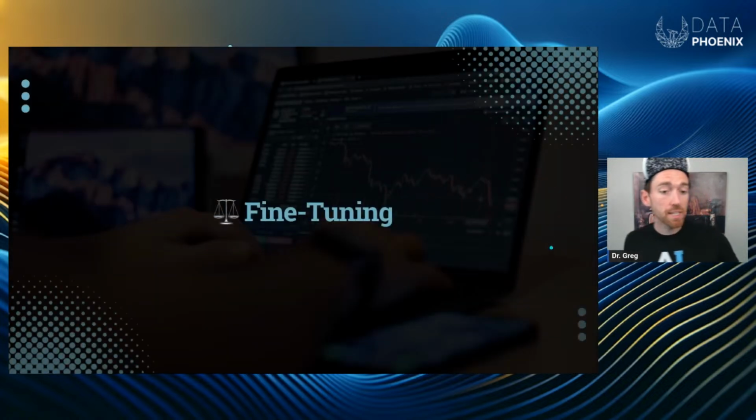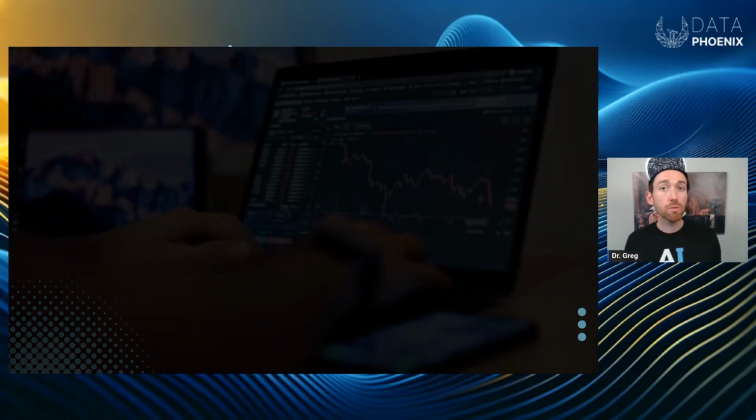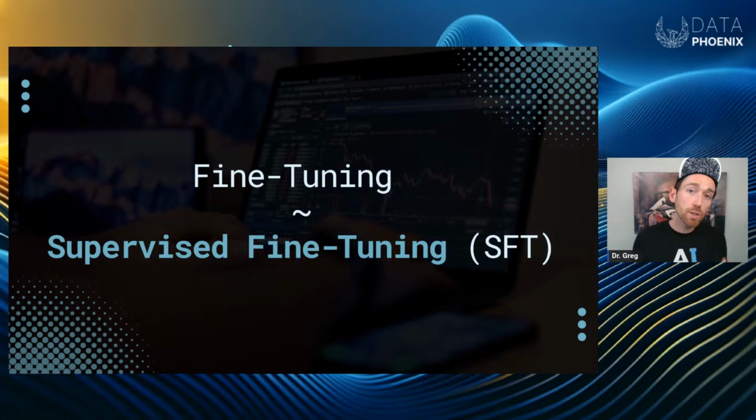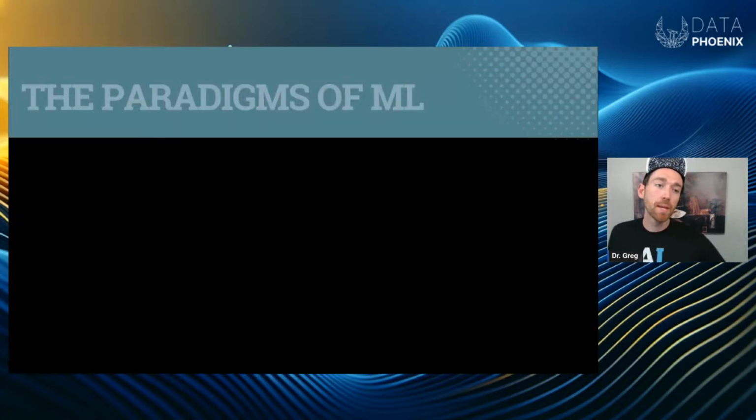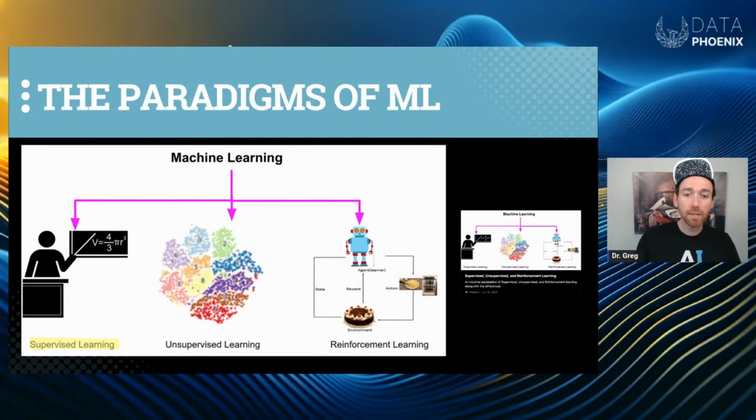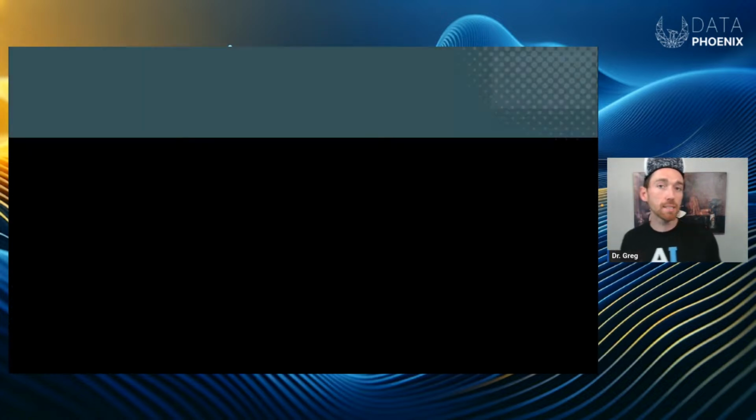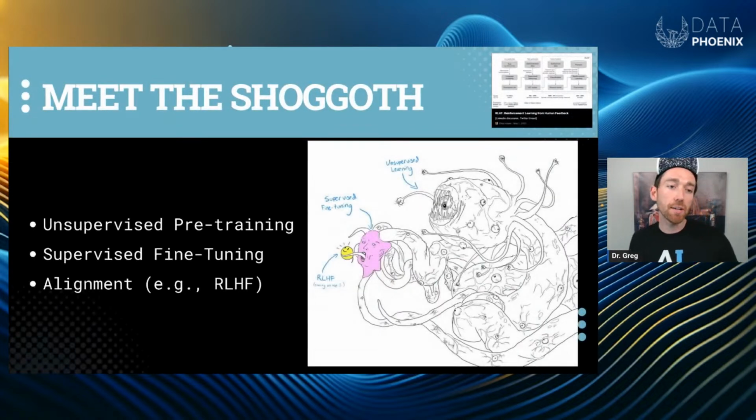This brings us to fine-tuning. And fine-tuning, the way to think about this is we can really root this in SFT, in the classic paradigm that we're so familiar with, because we need an input and an output pair of some sort to do fine-tuning. Now, there are many ways to dive into the details of how these models are trained, from unsupervised pre-training to SFT to some of the more fine-tuning alignment techniques.